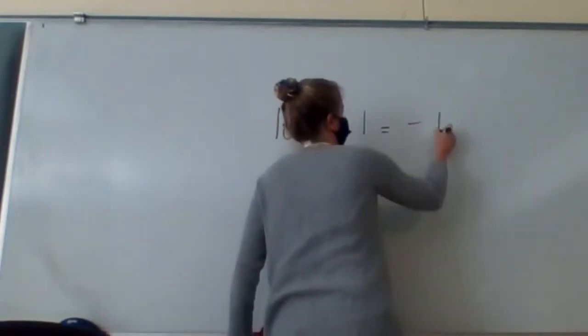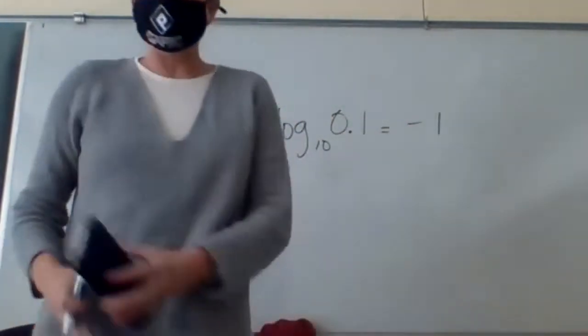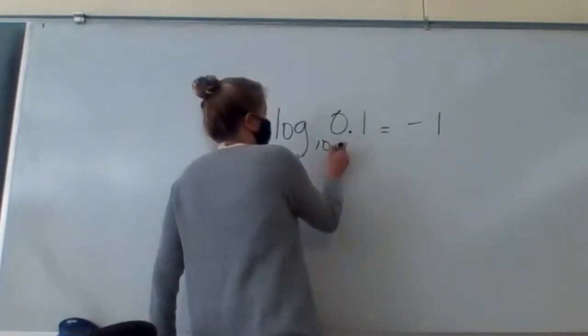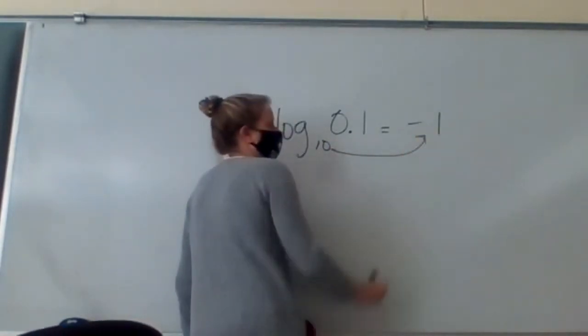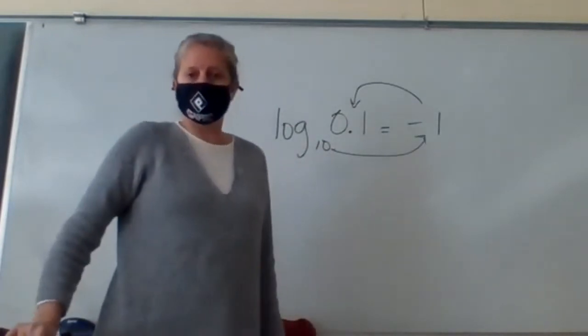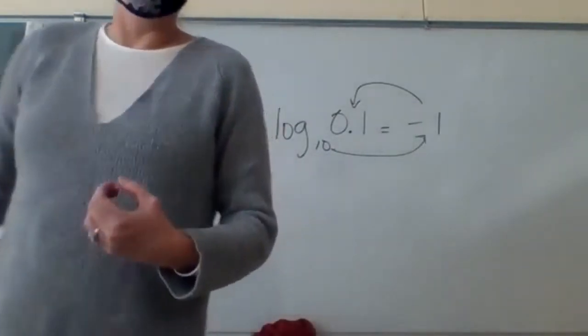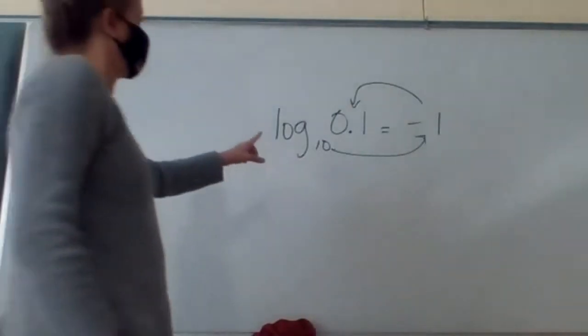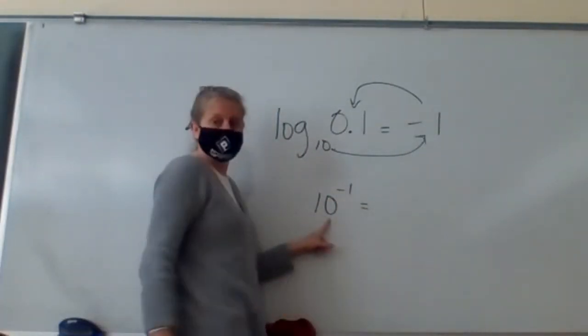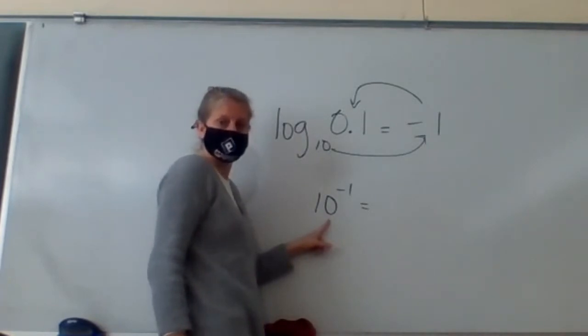Now you can just do that in your calculator. Now remember how to go back and forth between exponential expressions or equations and logarithms. This right here should check: 10 to the -1 power is 0.1 or 1/10, which would be right? If you raise something to the negative power, that means to flip your base.